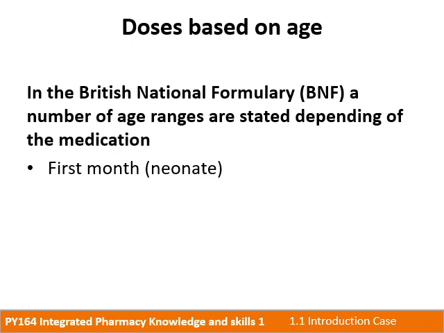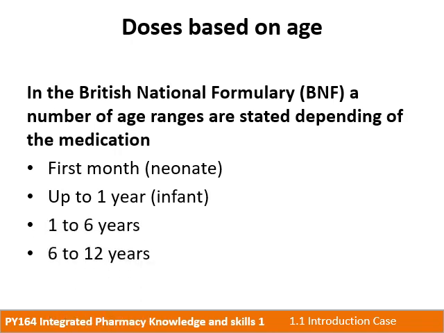The first month of a baby's life, they're called a neonate. You'll be familiar probably with the idea of antenatal classes. That's before birth, ante being before. Up to 1 year, after the first month, they're called an infant.